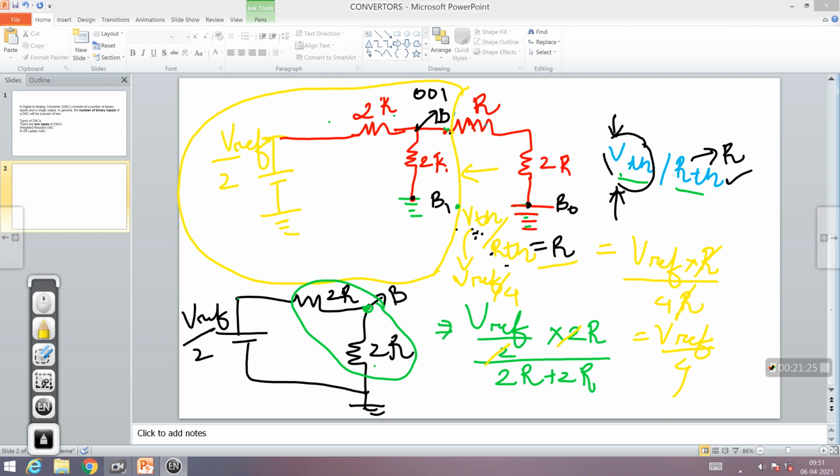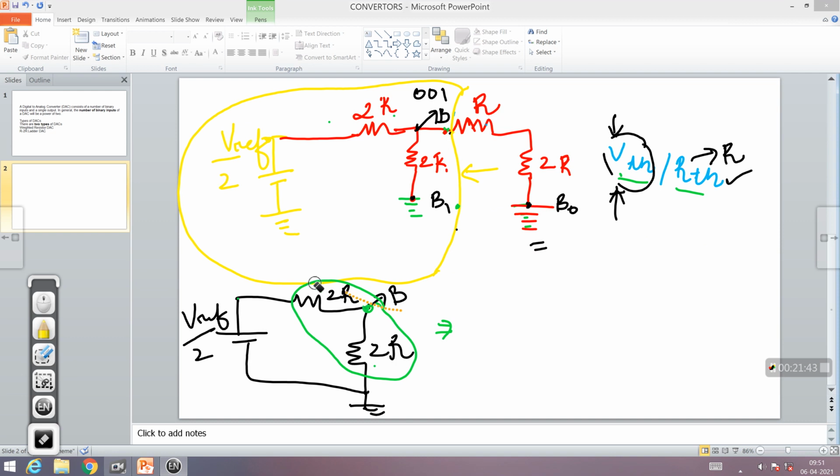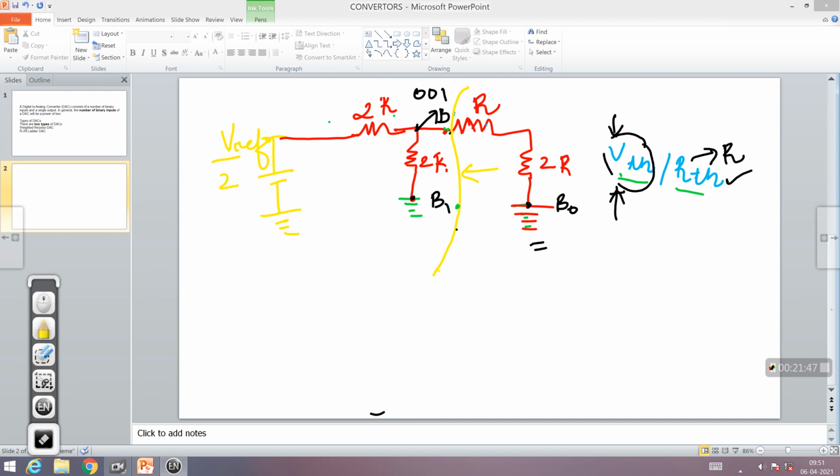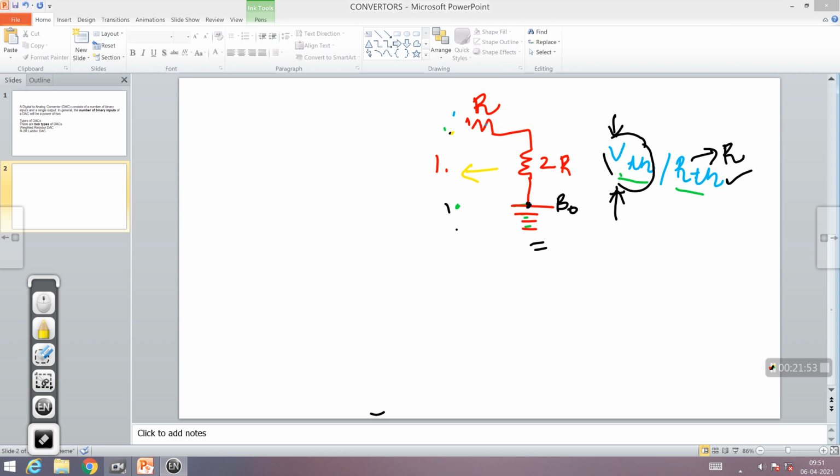So now this entire network that is encircled in yellow will have to be replaced by a voltage source whose value will be Vref by 4, and a resistance whose value will be R. So let me replace over here. I will clean this part. This part also I will eliminate, just to show you all.